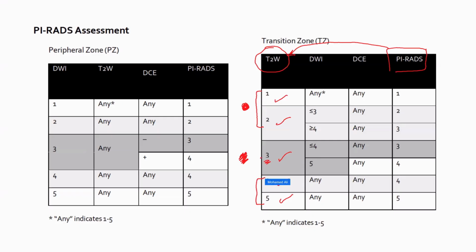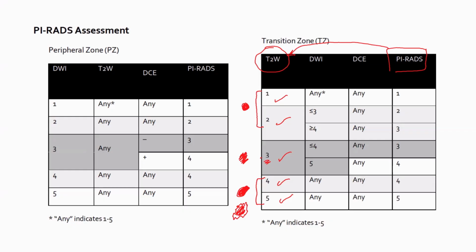Scores 4 and 5 are mass, lenticular-like mass, or spiculated mass-like lesion. So the morphology is very important, besides the T2 score. This can help you classify the RADS assessment, as we will discuss later on.